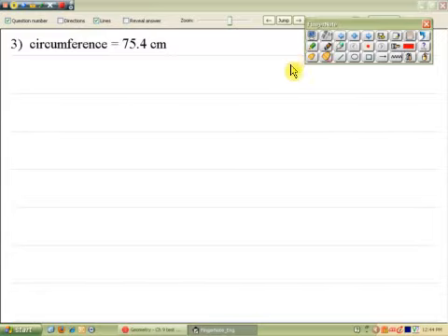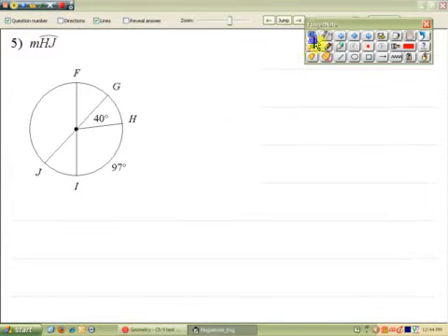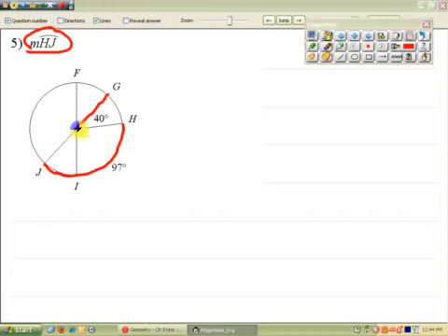Alright, number 5. What we're doing in these problems is they want the measure of HJ. If you go this way, there's a little bit of confusion as to which way to go, but usually you're supposed to go the shorter way, I believe. Basically, what I would do to solve this problem is, if I look at this line here, this half of the circle is 180 degrees.